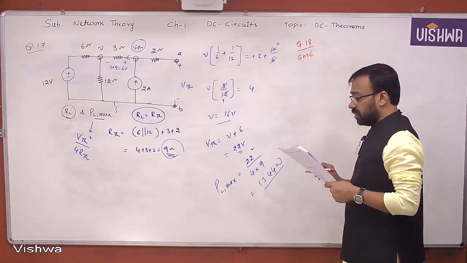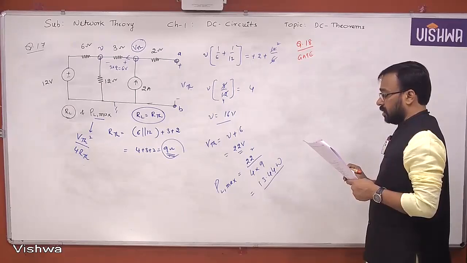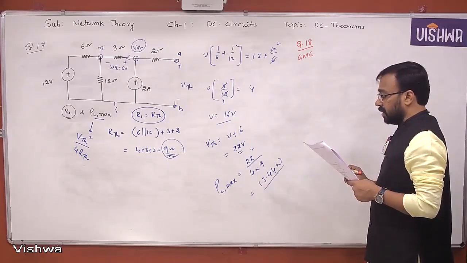I read the question. In the circuit shown below, what value of RL maximizes the power delivered to RL?